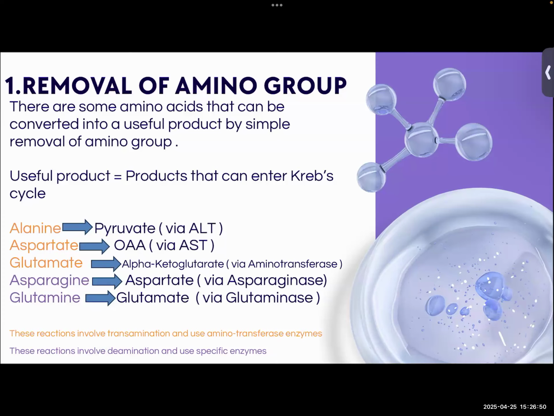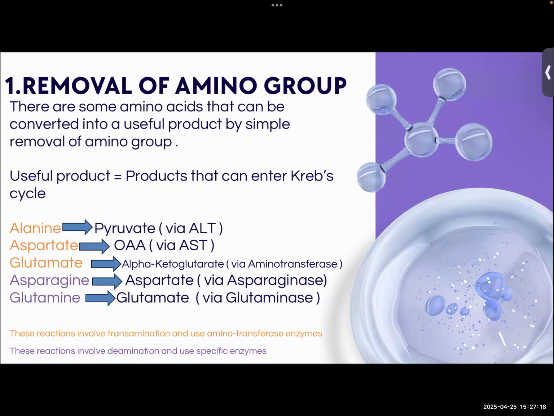Now, the alanine aminotransferase, ALT, and AST, these are common enzymes that you must have heard of when you did GIT, because in liver damage they're elevated. So I'm sure you're familiar with these, even if you didn't know their full forms. But then you have glutamate becomes alpha ketoglutarate also via an aminotransferase. But the bottom two, asparagine and glutamine, these reactions involve deamination. So not a transfer of amine, it's a removal of the amine group.